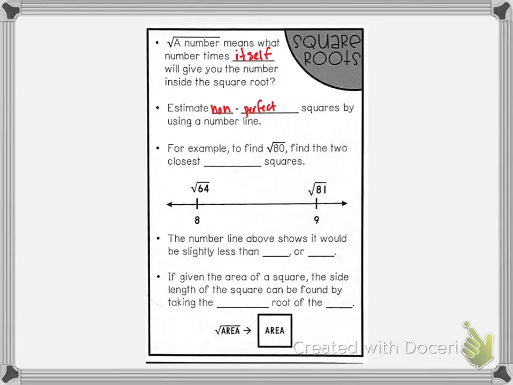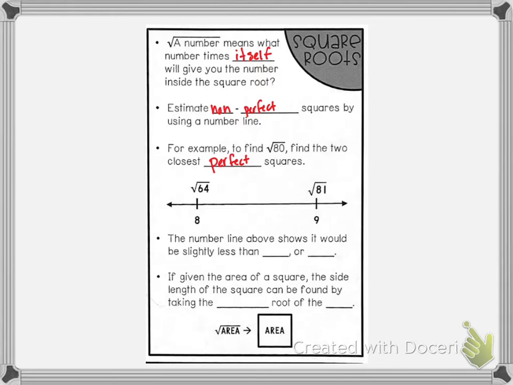For example, to find the square root of 80, find the two closest perfect squares. In this case, the two closest perfect squares would be 64 and 81, and we know the square root of 64 is 8, and the square root of 81 is 9.